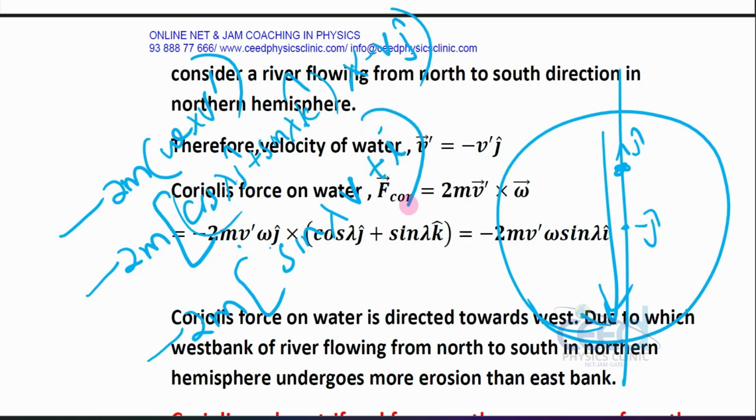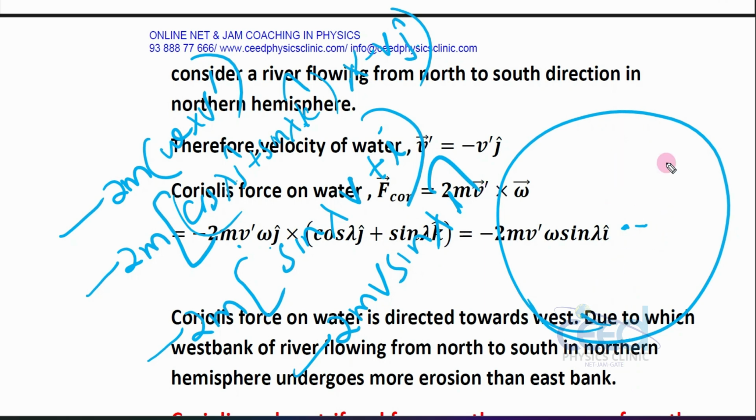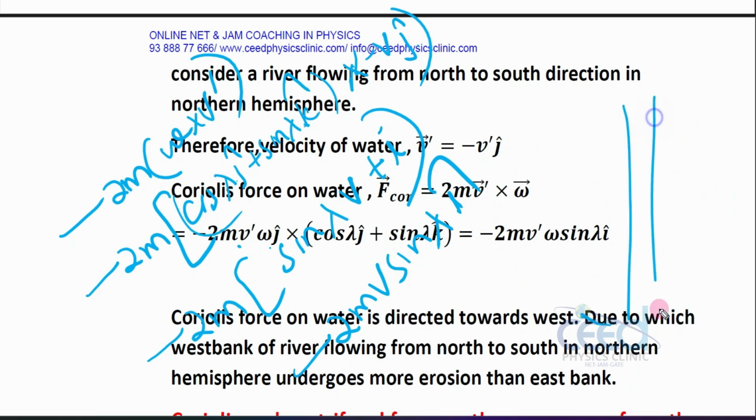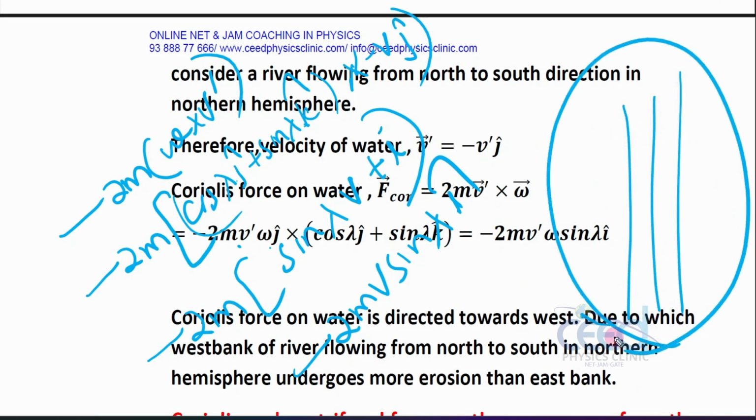So finally, minus 2mv sin lambda i cap. So this is one river flowing from north to south. It has a force in the minus i cap direction, which means the sands and all get deposited on this side much. Why? Because there is a force in this direction, right?